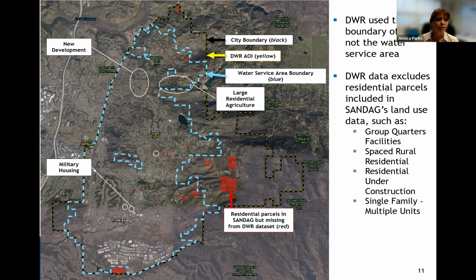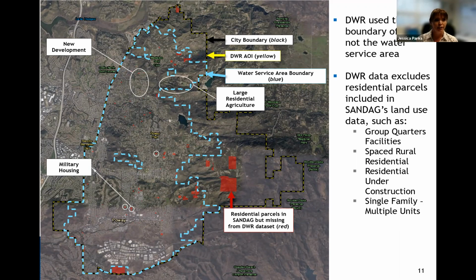DWR is looking at the city of Poway boundaries when they're looking at our landscape area measurements, not the water boundaries, which to us is okay because those water boundaries are not set in stone. We could move out, so it gives us that flexibility right there. So we've decided just to go ahead and keep the area measurement of the city of Poway boundaries with DWR and not have that changed.